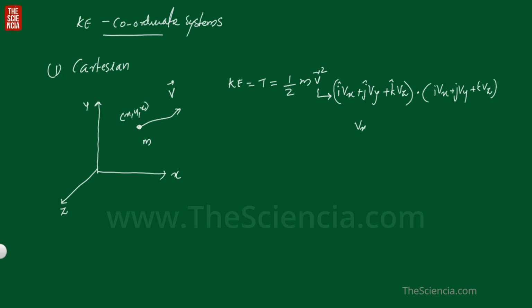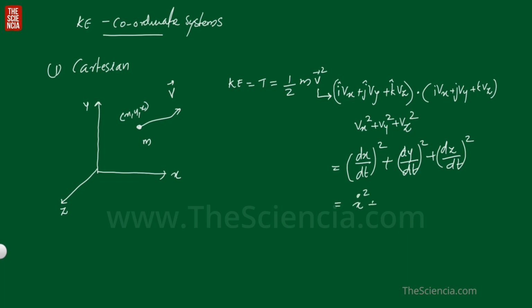We get vx square plus vy square plus vz square, that is (dx by dt) all square plus (dy by dt) all square plus (dz by dt) all square. This is nothing but x dot square plus y dot square plus z dot square.